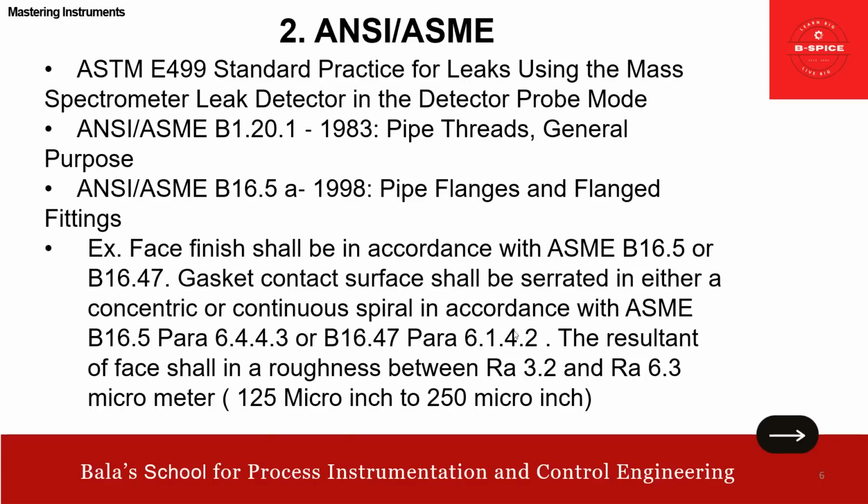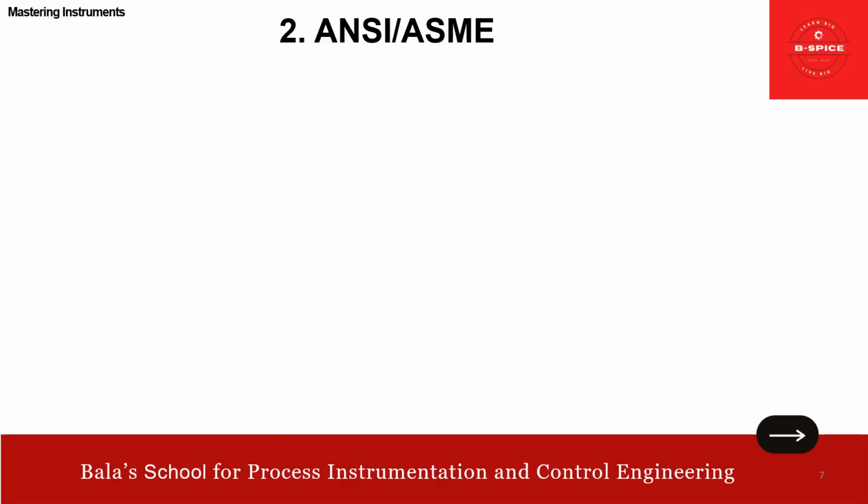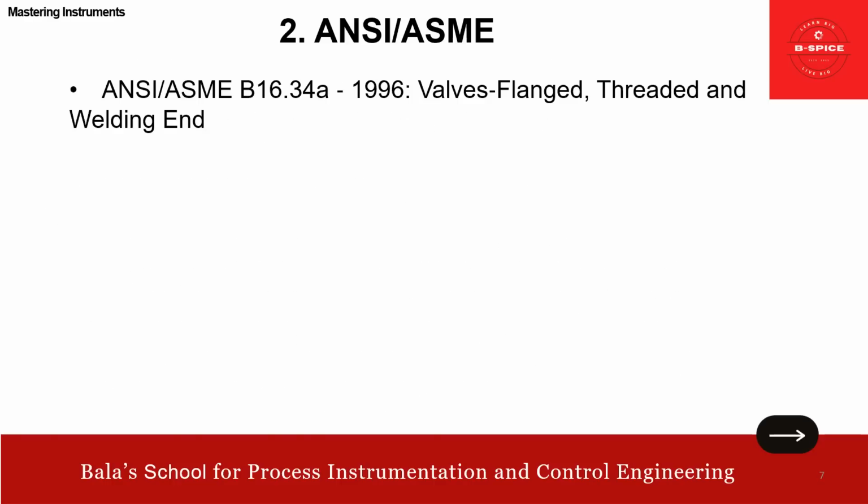The resultant finish shall be a roughness average between 3.2 and 6.3. You would have seen in a lot of data sheets we indicated roughness average, right? Yes, so equivalent to 125 micro inch to 250 micro inch. That's about this.